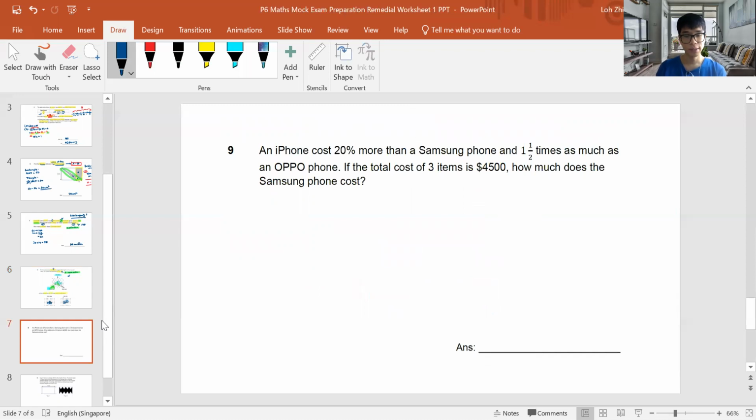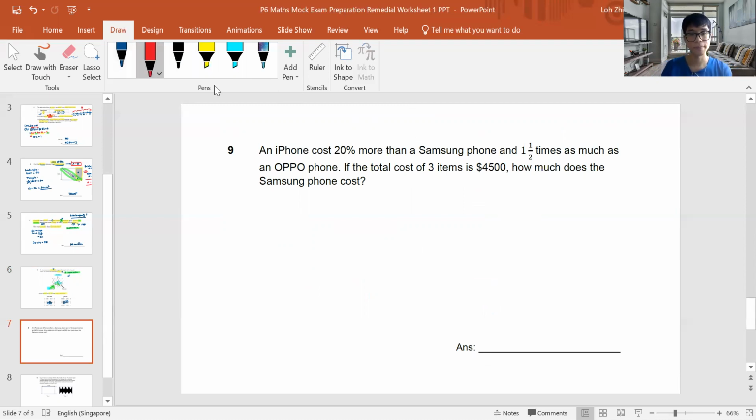Now, here it says an iPhone costs 20% more than a Samsung phone and 1 1/2 times as much as an Oppo phone. If the total cost of 3 items is 4,500, how much does the Samsung phone cost? Yeah.